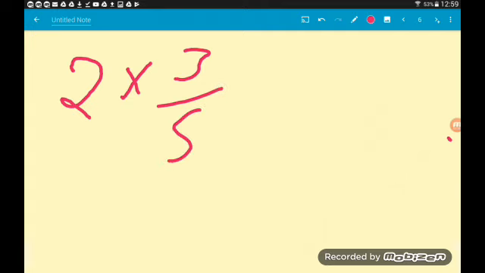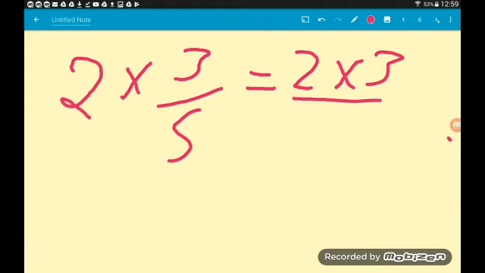Now this is not equal to 6/10. When you multiply a fraction by a whole number, you only multiply the top. So we get 2 times 3/5, which gives us 6/5, which is an improper fraction and something we will come to in a bit.